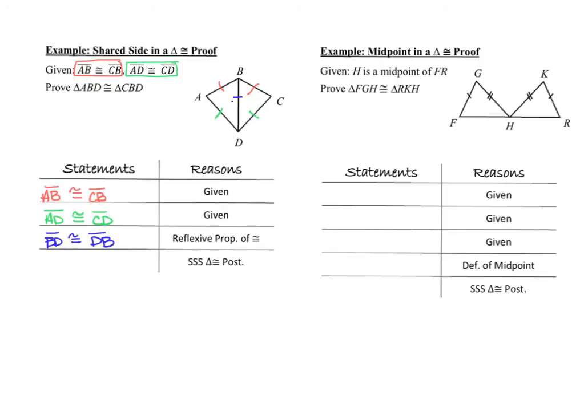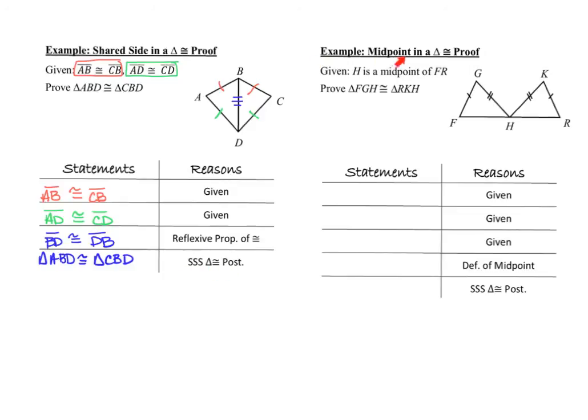So now that we've proven that all of the three sides are congruent, we can state that triangle ABD is congruent to triangle CBD by the side-side-side triangle congruency postulate.